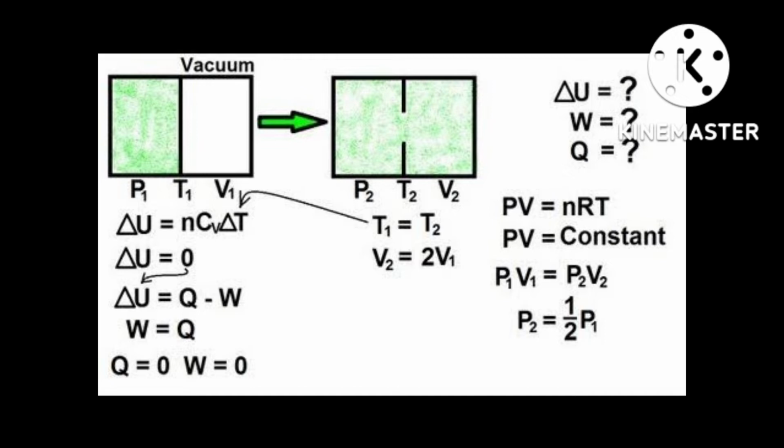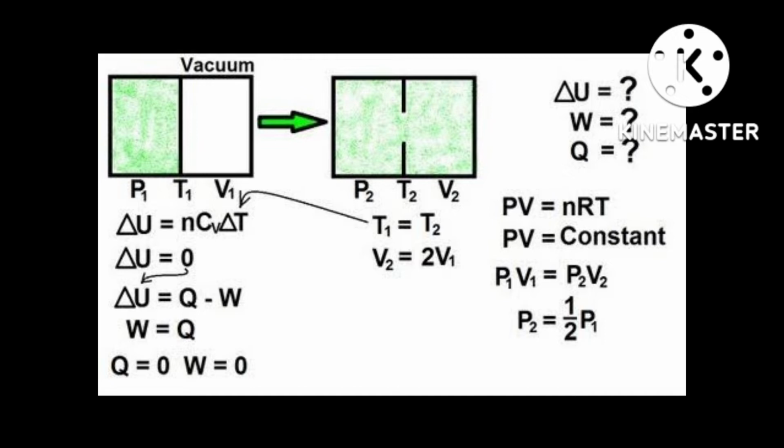Actually 2.303 came because we converted ln, natural logarithm, into logarithm base 10 by multiplying by 2.303. Now I am continuing that expression with free expansion.